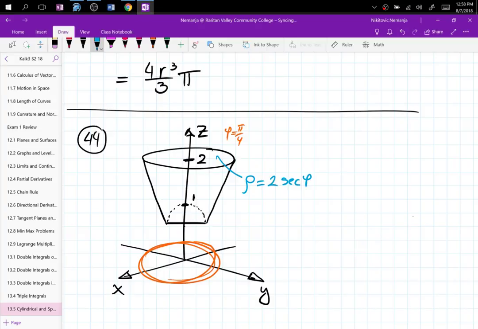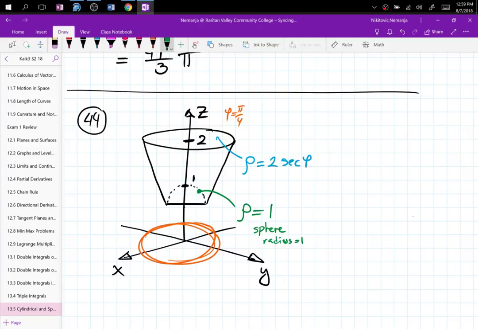We also see another row on the bottom. Let's go green. That's rho equals 1. That's a sphere of radius 1, for those of you that are still struggling with this. So this is a sphere of radius equal to 1. Great.